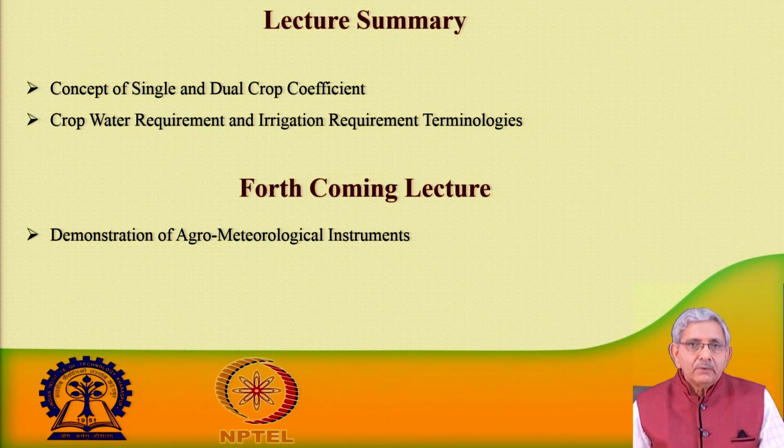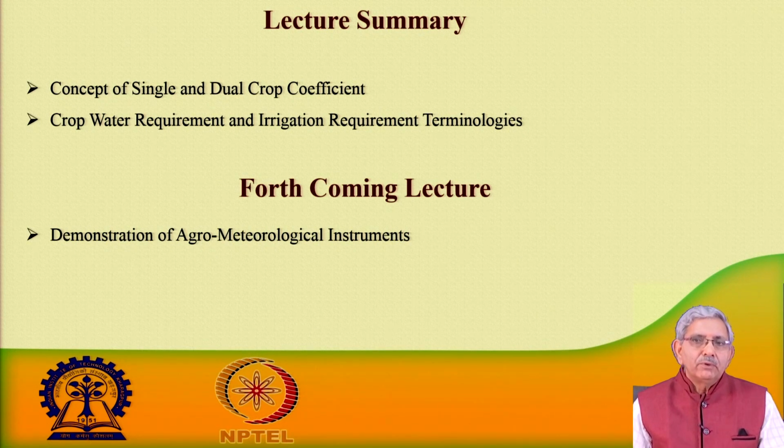So, now in this particular lecture, let us summarize. We have covered the concept of single and dual crop coefficient. We have discussed crop water requirement and irrigation requirement terminologies, and we will be discussing the different types of agrometeorological instruments used to determine evapotranspiration.